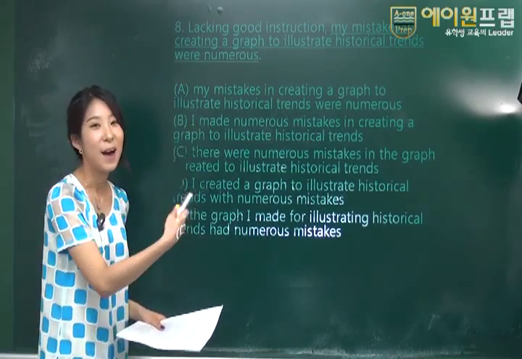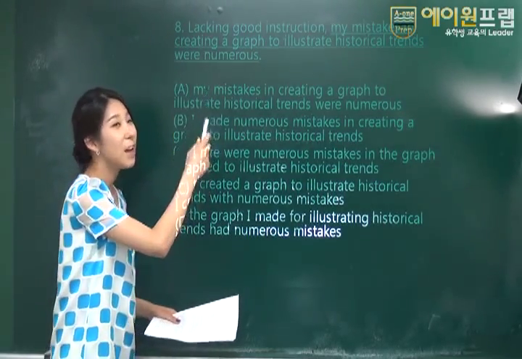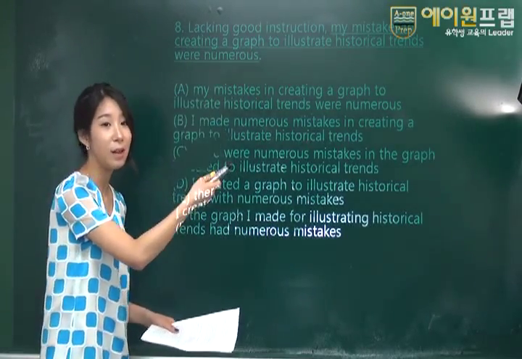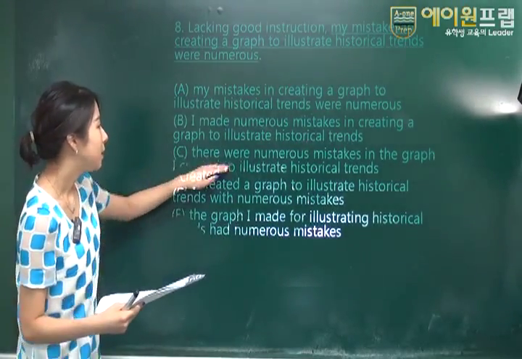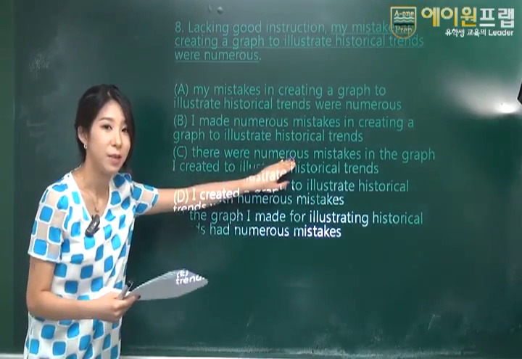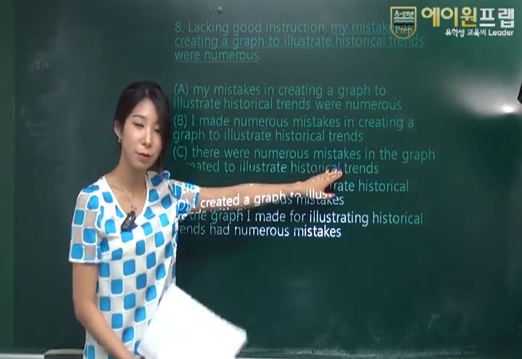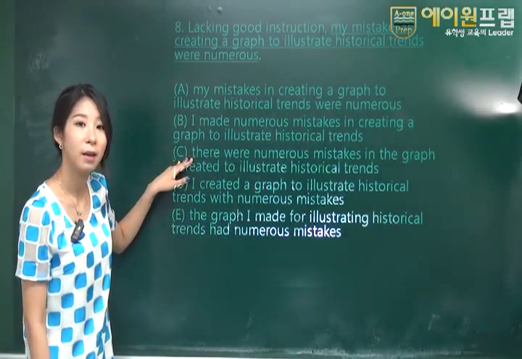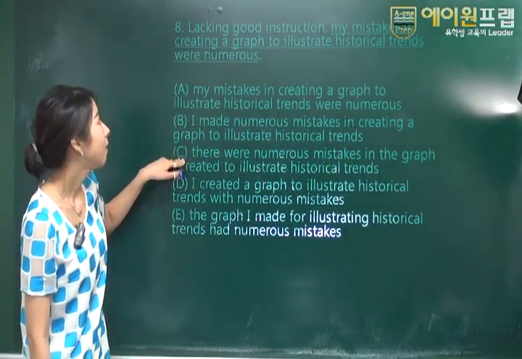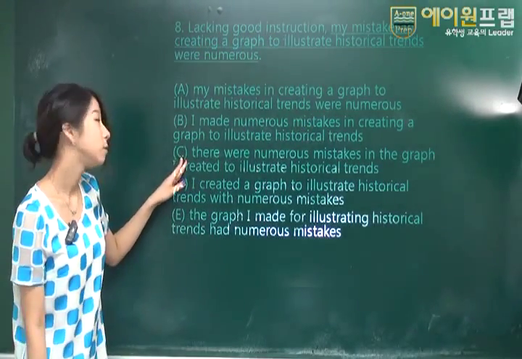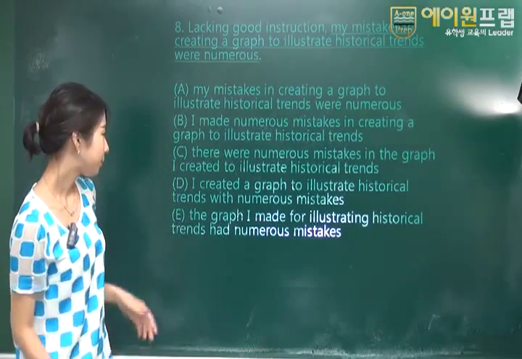I've said this like 1,000 times already, but immediately after the comma, there should be the subject that the participle is modifying, right? So it shouldn't be "there were numerous mistakes." Mistakes is not a subject, first of all, and where is the thing that this participle should be modifying? There's none, right? So that's why C is wrong.